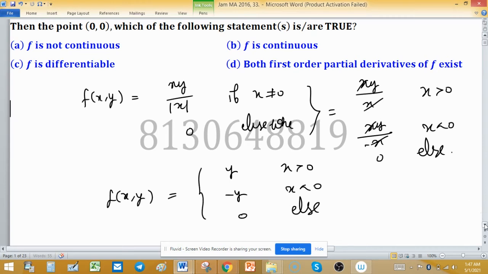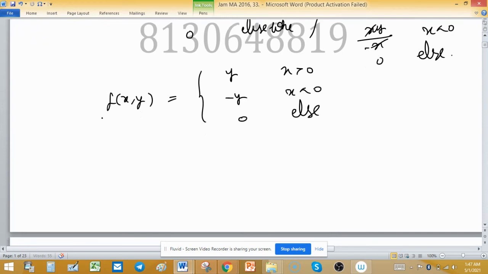Now we have to check continuity of this function at (0, 0). So we have to check the limit of f(x, y) as (x, y) tends to (0, 0). As left hand limit or right hand limit we can check. Since we have to check continuity of the function, we can't approach (0, 0) from all directions, so we can consider along the line y equal to mx.